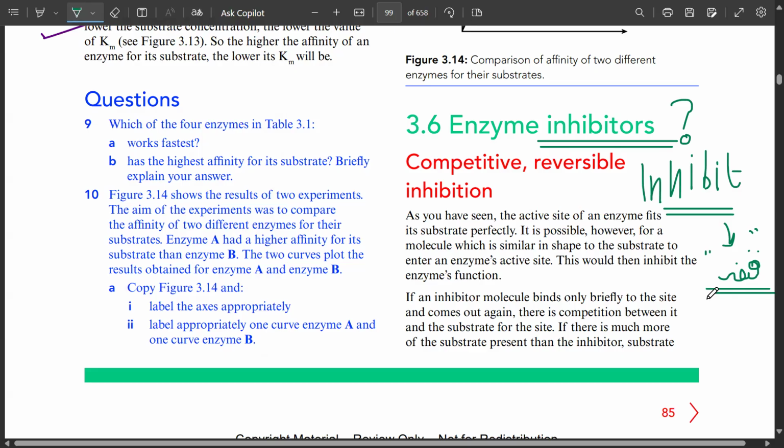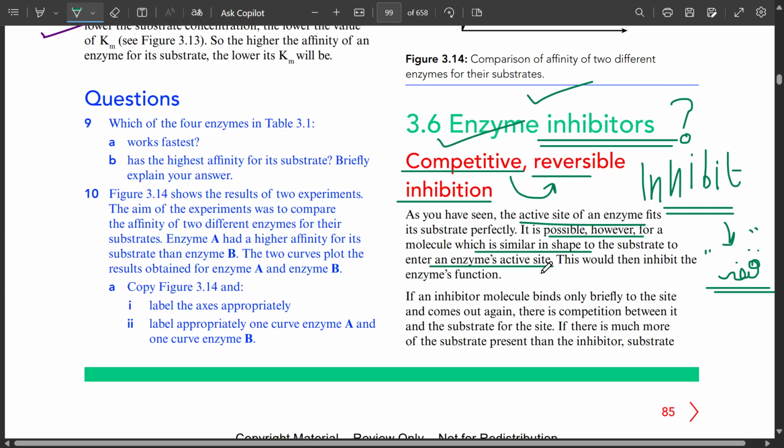Invade. Yes. अब enzyme के inhibitors भी होते हैं, ठीक है। Competitive reversible inhibition का क्या मतलब है? एक और molecule आया है, competition दे रहा है, लेकिन आप उसको हरा सकते हो, it is reversible. As you have seen that the active site of an enzyme fits its substrate perfectly, and it is possible, however, for a molecule with it similar in shape to the substrate to enter an enzyme's active site.